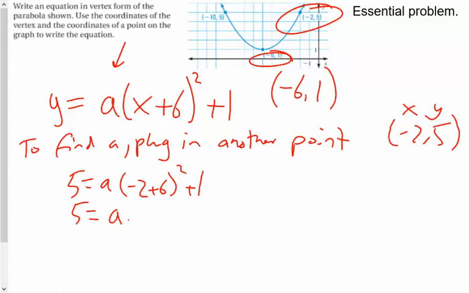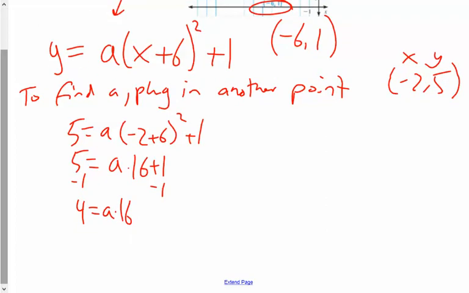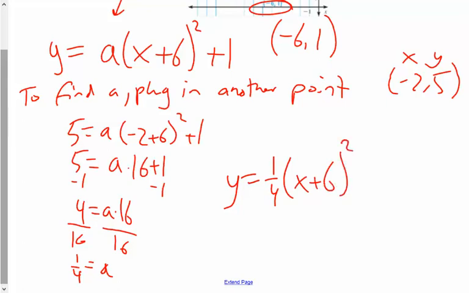Negative 2 plus 6 is 4. 4 squared is 16. Subtract 1. That gives me 4 equals 16 times a. Divide by 16, and this allows me to see that a equals 1/4. So my equation is y equals 1/4 (x plus 6) squared plus 1.